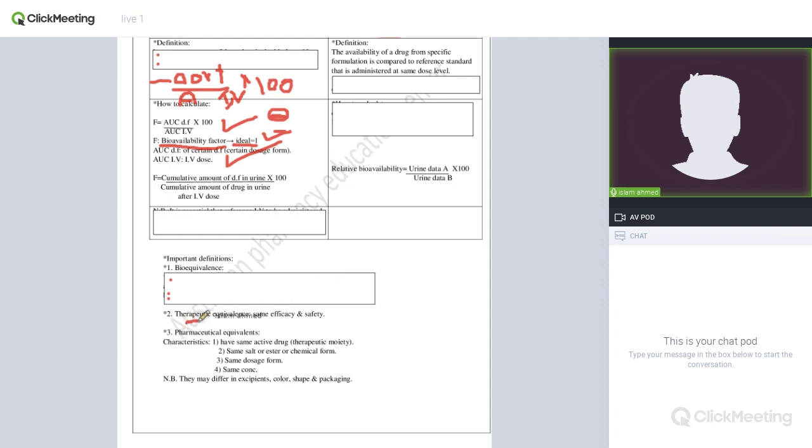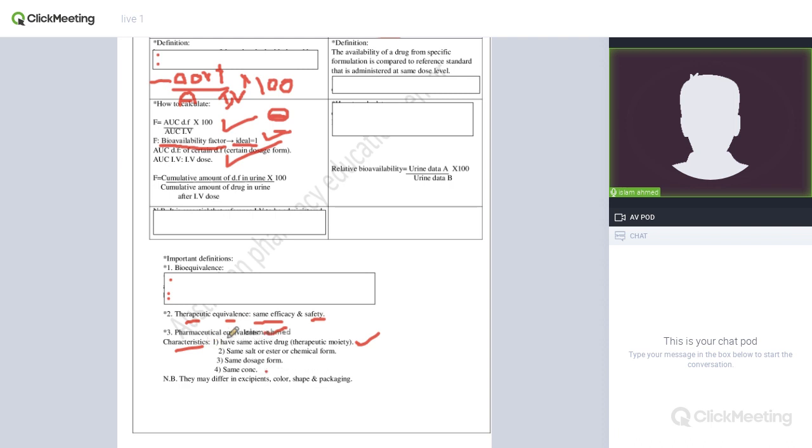We have the therapeutic equivalent, which has to be safe and efficient. For the pharmaceutical equivalent, this is another concept. The characteristics for that: they have the same active drug, same therapeutic moiety. They have the same salt or ester or chemical form, same dosage form of the drug and same concentration.